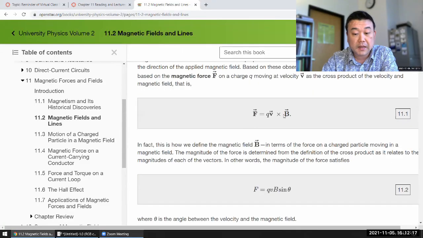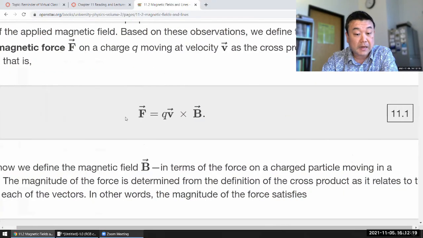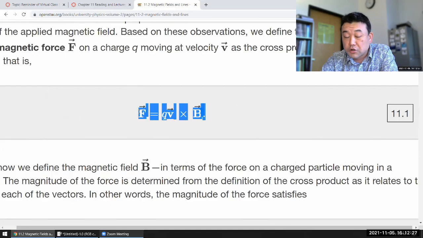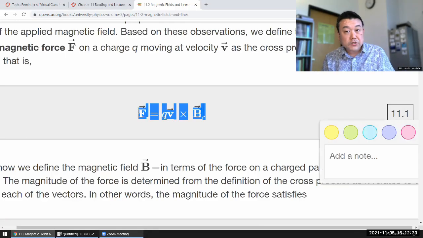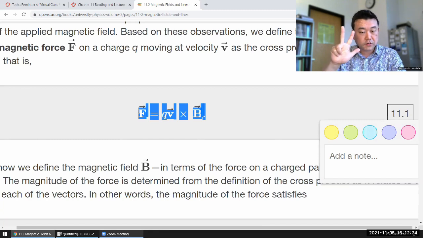This is the most elementary interaction. The magnetic force is charge and this vector cross product with the magnetic field. And this underlying mathematical structure leads to features that you will see that really requires a three-dimensional treatment.